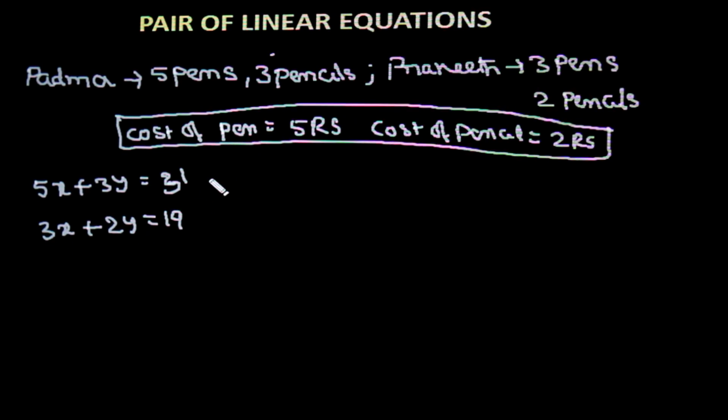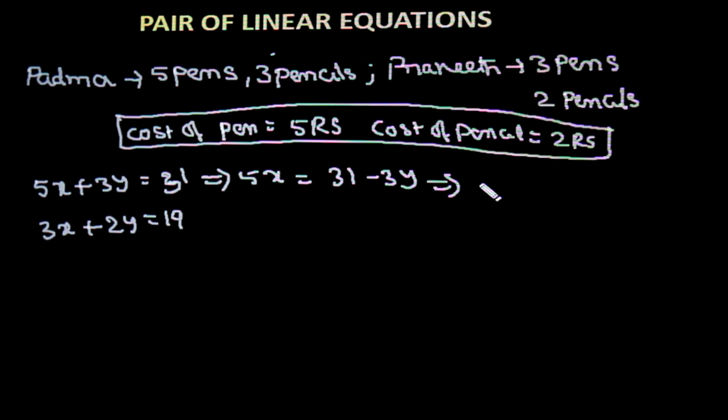Now take the first equation and make x the subject. 5x is equal to 31 minus 3y. 5x means 5 into x, so the 5 becomes divided by 5. Therefore, x is equal to (31 minus 3y) by 5.